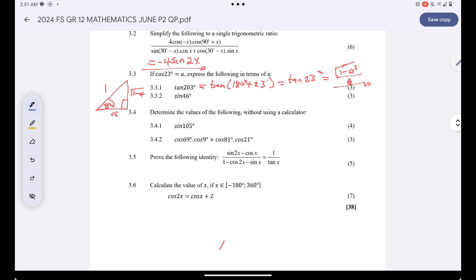And then for sine 46, sine 46 can be expressed as sine of 2 multiplied by 23, which will be 2 sine 23 cos 23.